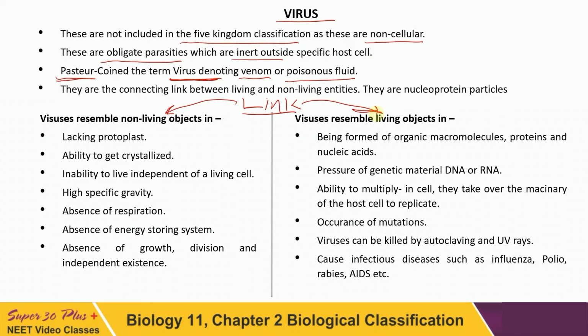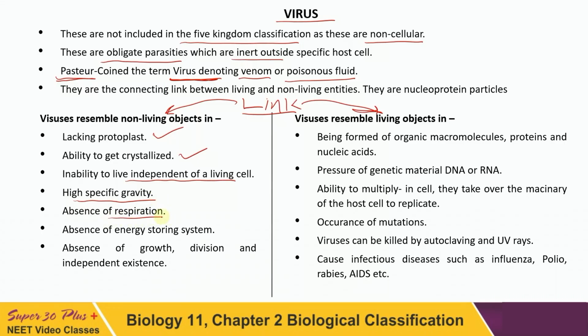Briefly, we can discuss the characters which resemble non-living. The protoplast is absent. Just like a sugar particle, it can be crystallized and stored in a bottle. It doesn't have independent existence. It has high specific gravity. There is no respiration.